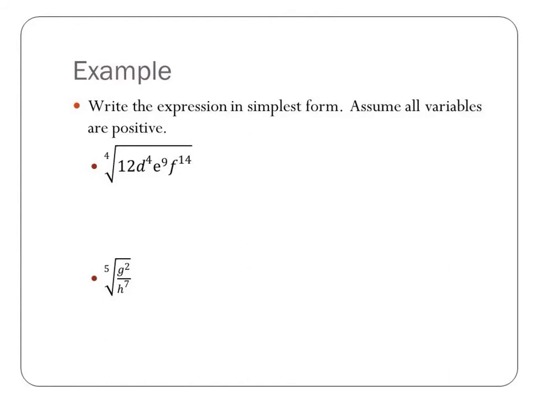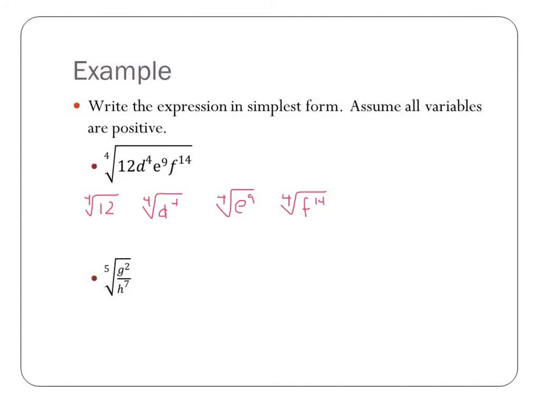Okay, so same direction. So again, I would split this apart into the 4th root of 12, the 4th root of d to the 4th, the 4th root of e to the 9th, and the 4th root of f to the 14th. And there are no perfect fourths that go into the 12, so you're stuck with the 4th root of 12.